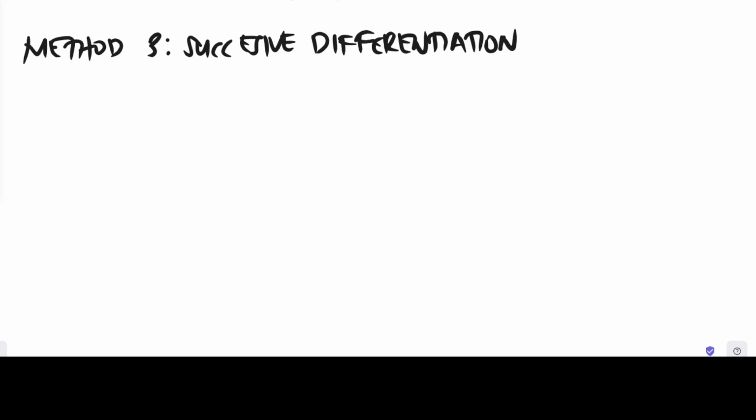Hello. So for this video, we will be talking about other methods for the elimination of arbitrary constants or the formation of DE. For the third method, we have successive differentiation.